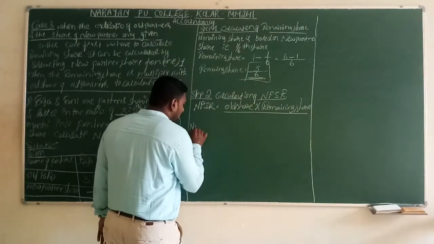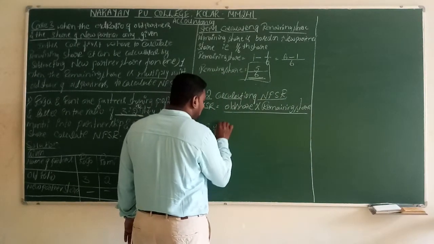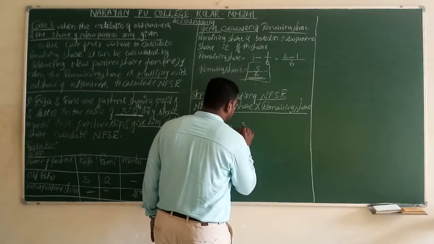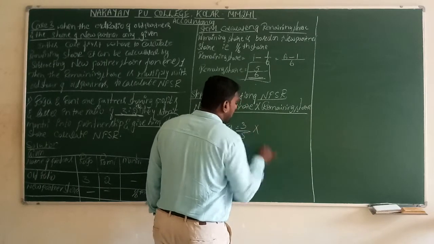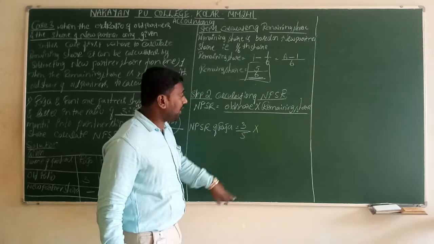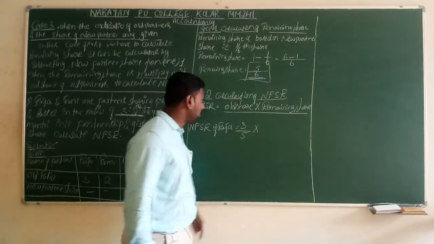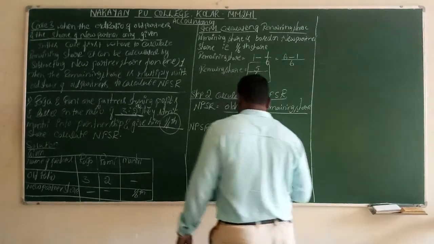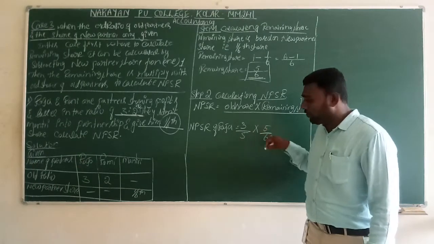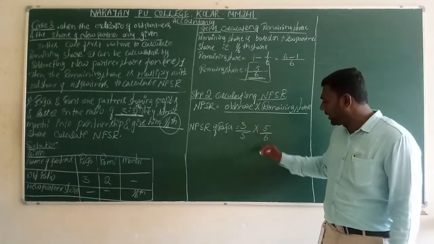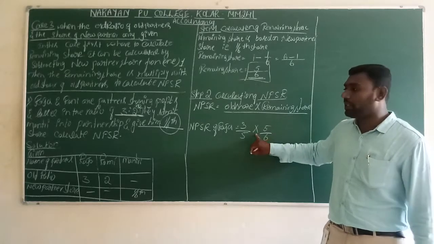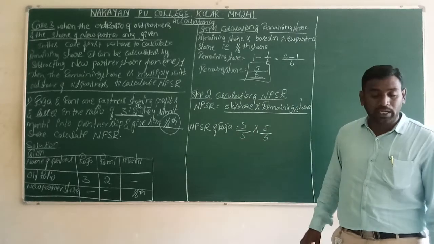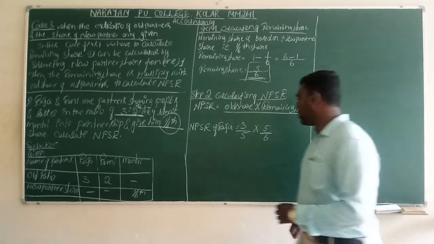Now we calculate the new profit sharing ratio of Raja. Old share we already know is 3 divided by 5. The multiplication symbol is there, so as it is we write it, and the remaining share is 5 divided by 6. If addition or subtraction were in the middle, we would cross multiply, but whenever multiplication is there, we multiply numerator to numerator and denominator to denominator.